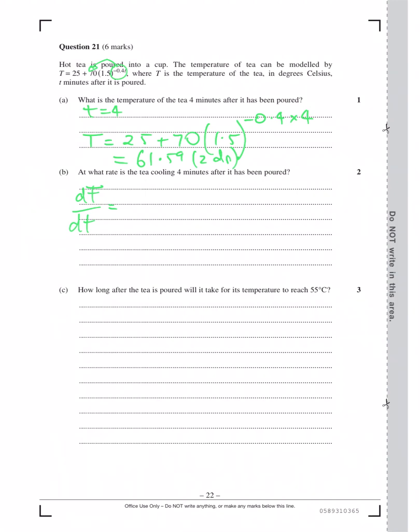So I can do what I would normally do and say it's negative 0.4 multiplied by 70 times 1.5 to the negative 0.4t. But then because this base is not e, what I need to do is multiply it by the log of the base that it is, which is 1.5. Okay, now of course what I can also do here is replace that t with 4, because that's what we're asked to find.